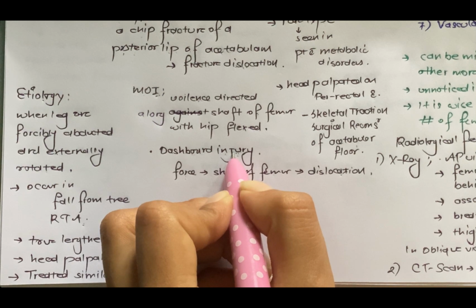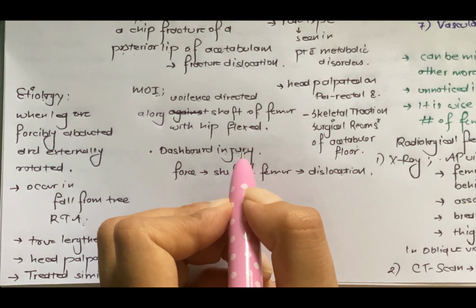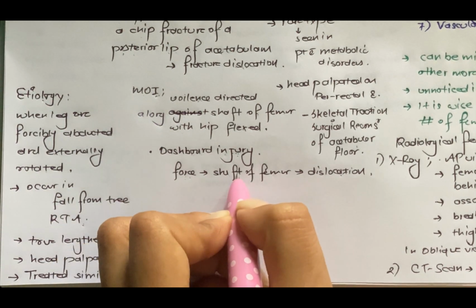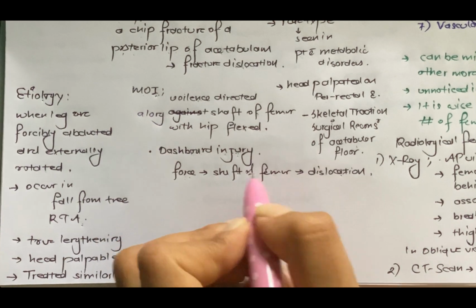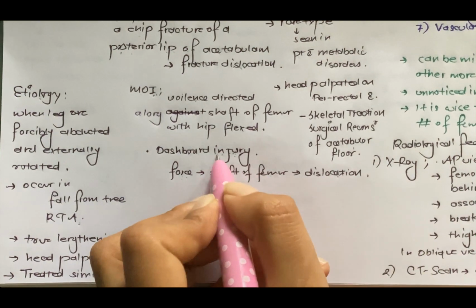In this injury, the occupant of the car is thrown forward and his knees strike against the dashboard. So the force is transmitted along the femoral shaft, resulting in the posterior dislocation of the hip. So this is also known as dashboard injury.